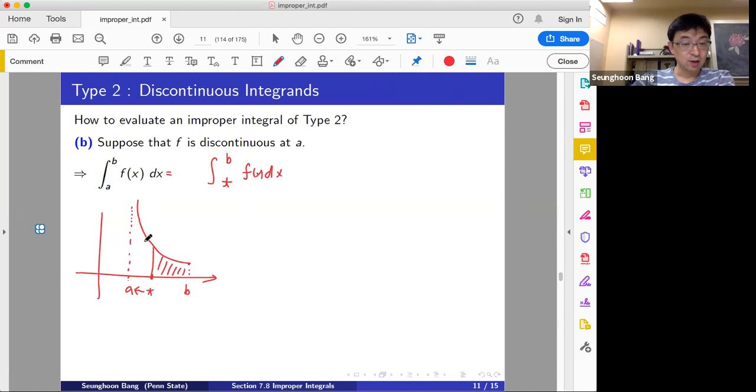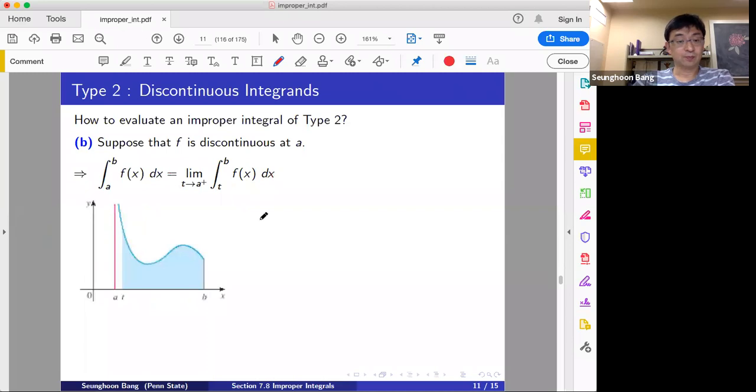Next, you have to move t to a from the right. So what does it mean? You can add more area, move more, add more area, and so on. Take the limit as the t value approaches a from the right. So the improper integral is convergent if the limit exists.